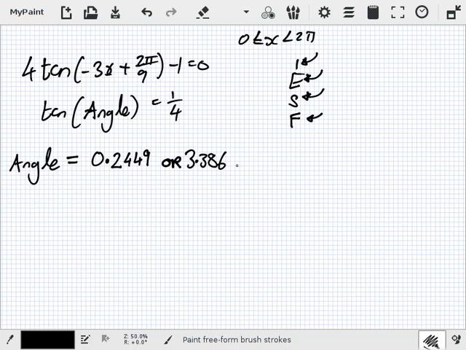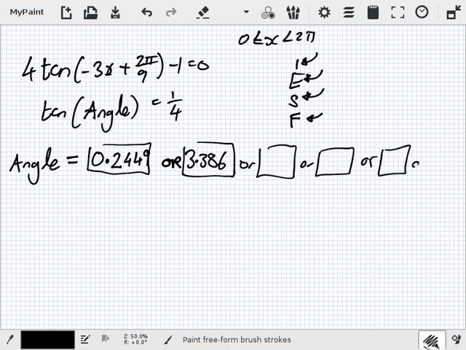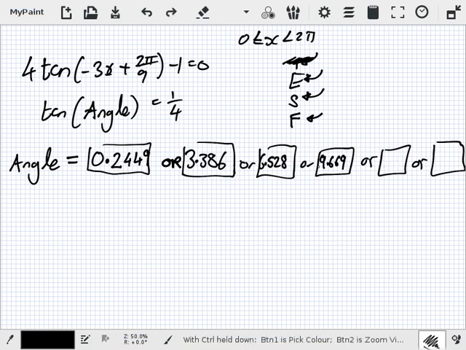So if you add 2 pi to each of these two, we can make 2 more answers, and so on. So we get 6.528, 9.669, 12.81, and the last one now, 15.95.